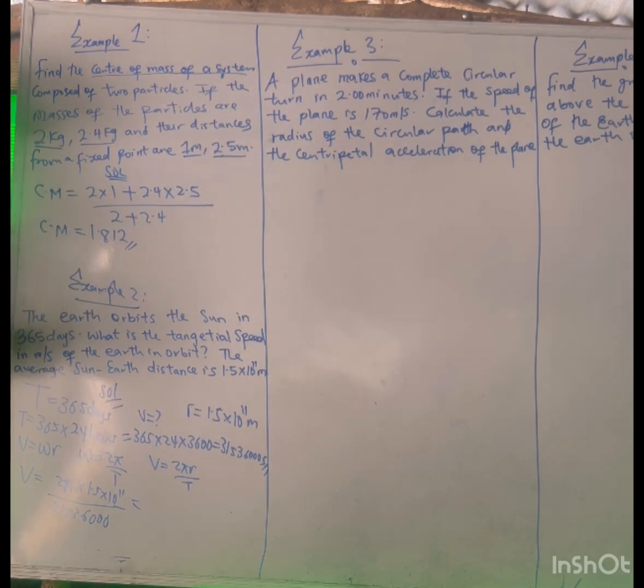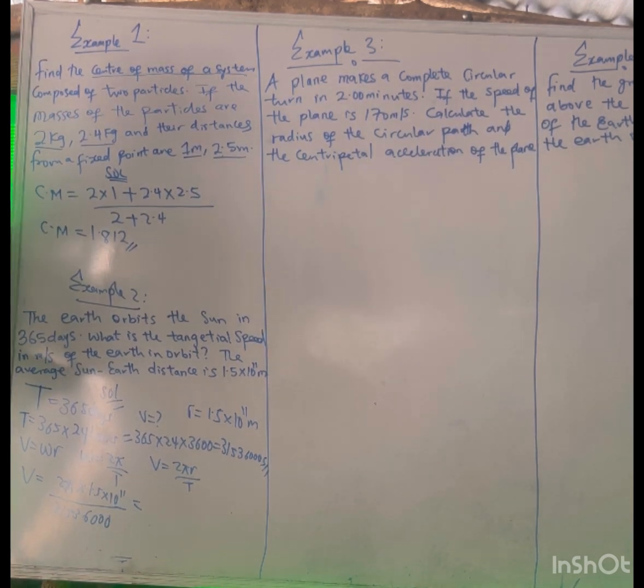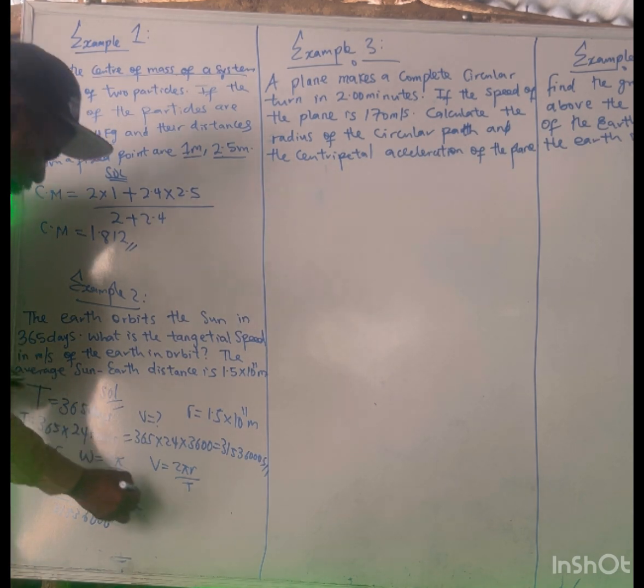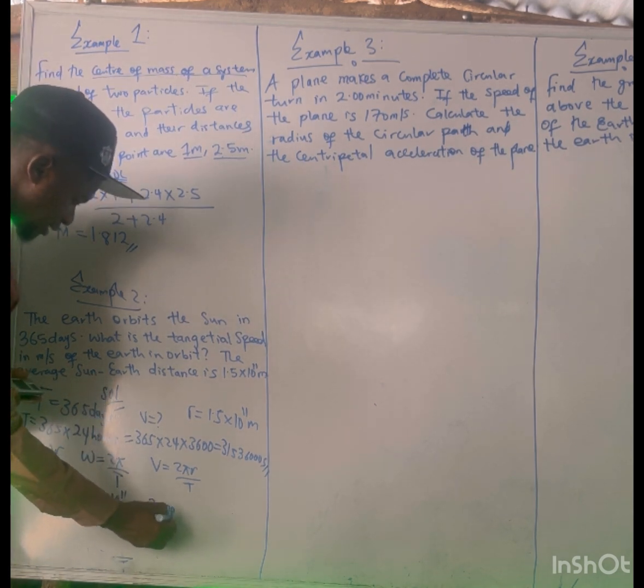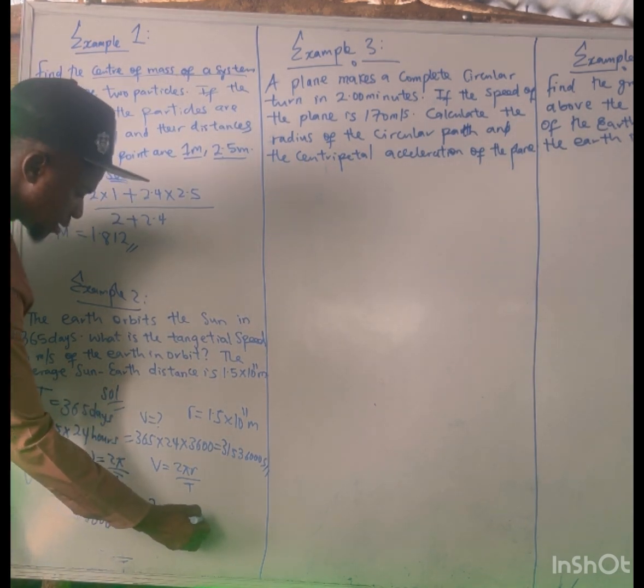So if you bring out a calculator, press 2 pi times 1.5 times 10 raised to the power 11 divided by 31,536,000. Then I'm going to get 29885.8 meters per second.